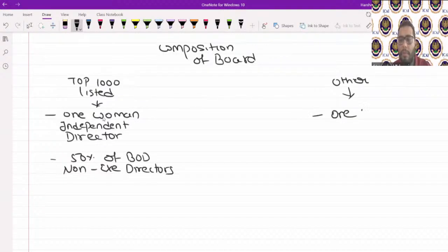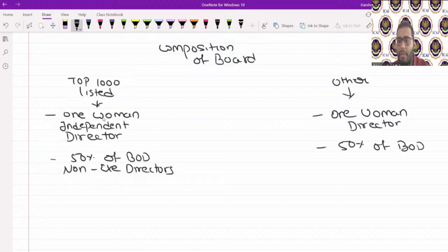If it is other companies, then one woman director and 50% of the BOD should be non-executive directors. Now the difference between them is this word.